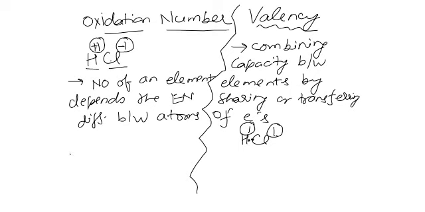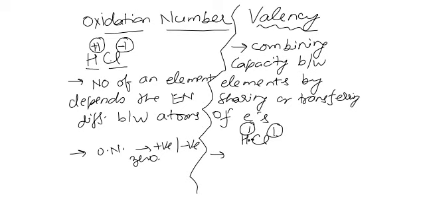What is the second difference? Oxidation number may be positive, may be negative, or may be 0. But valency is always just a number, no charge, no positive, no negative, not even 0.